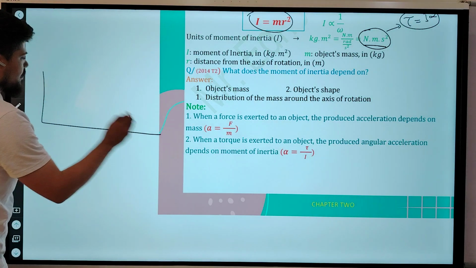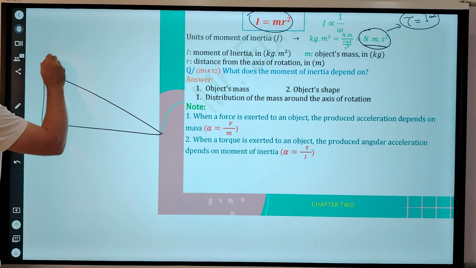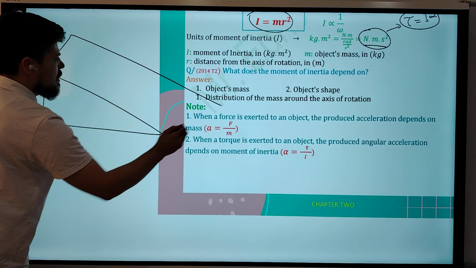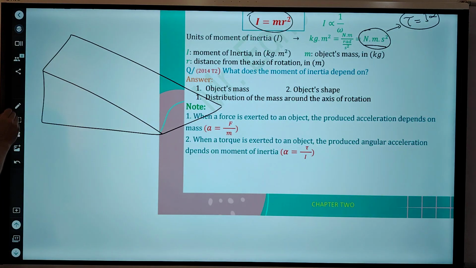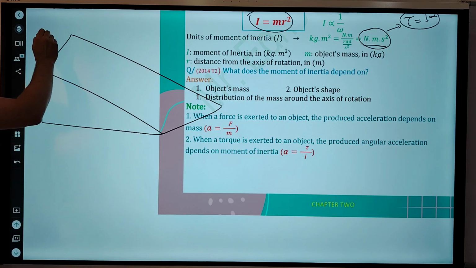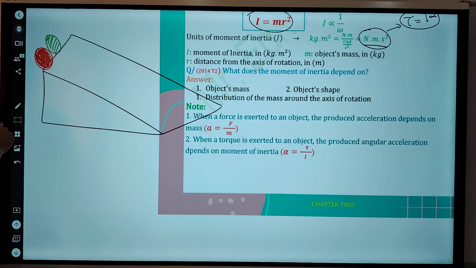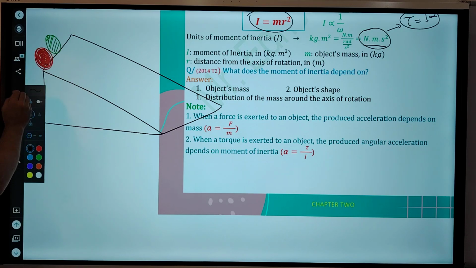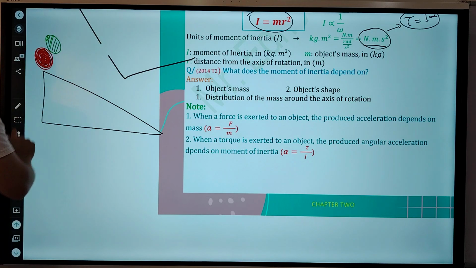For example, which shape has the largest moment of inertia? Look at this, please. If you have an incline, this is a solid sphere, such as a bowling ball.